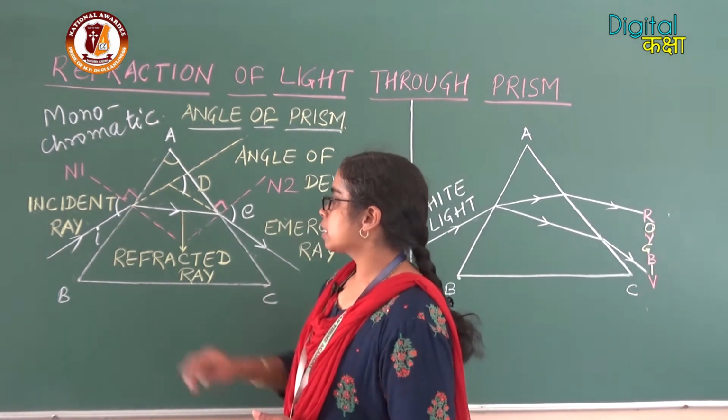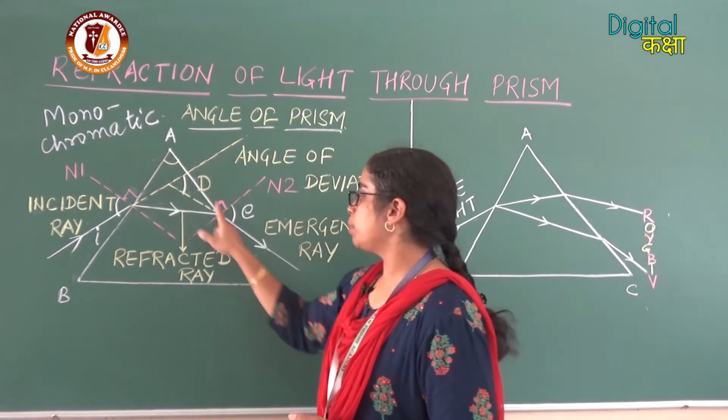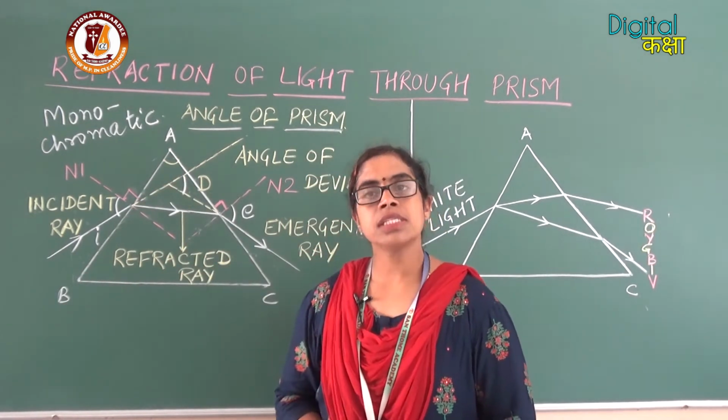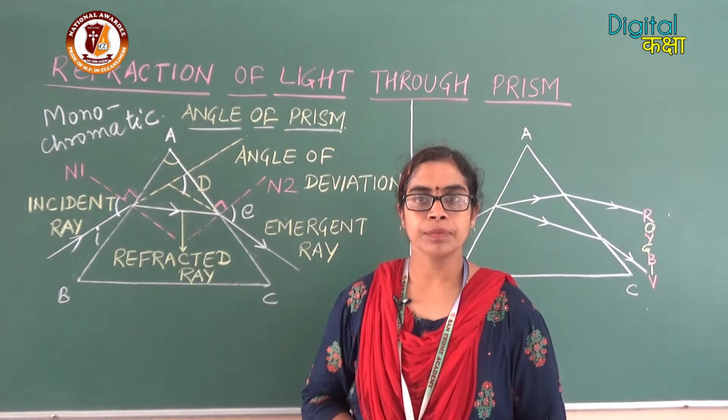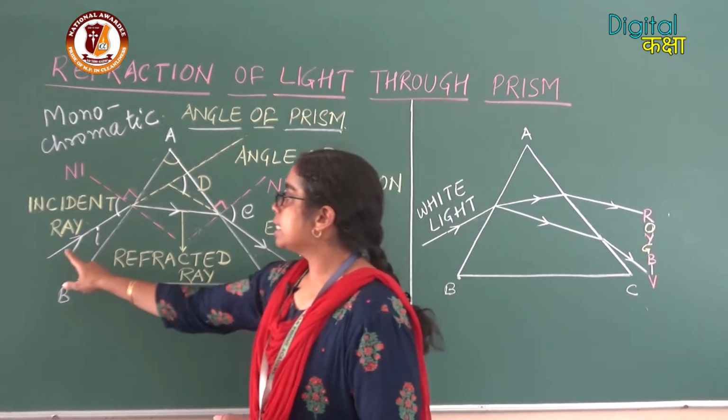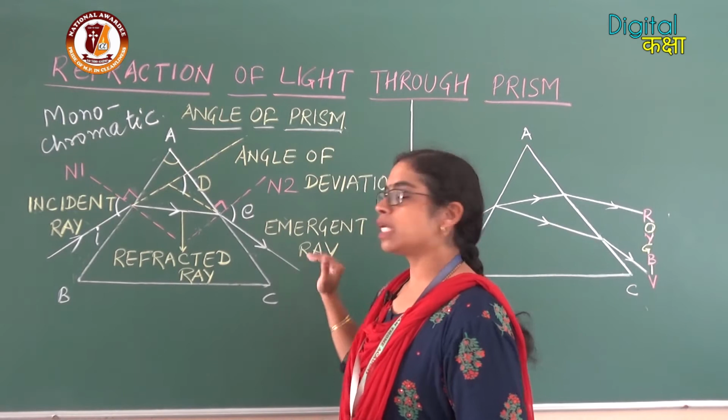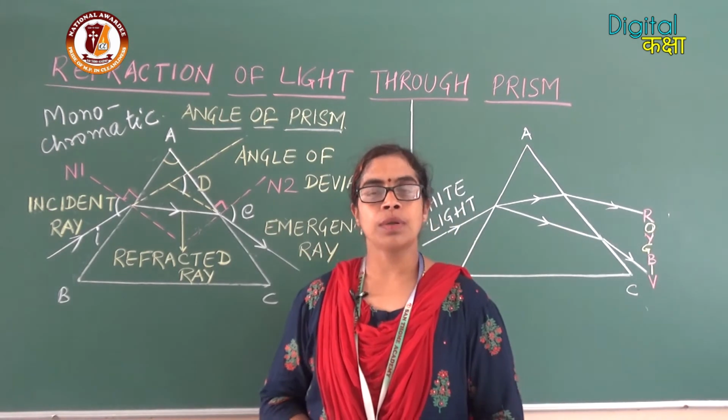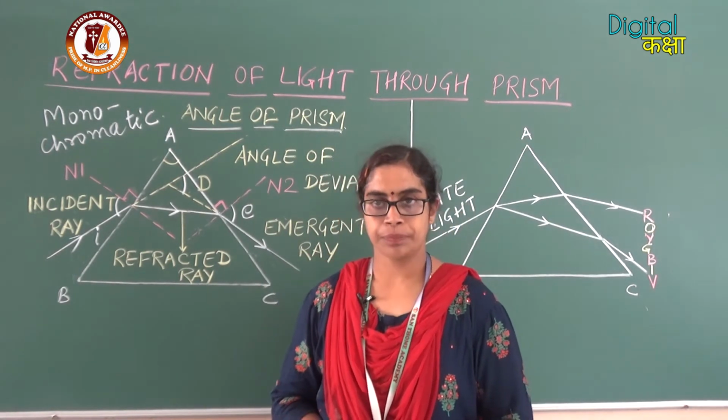Since the refracting surfaces AB and AC are not parallel to each other, the incident ray and the emergent ray are also not parallel to each other.